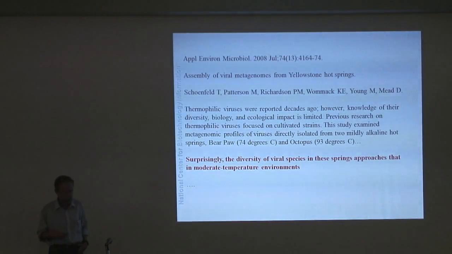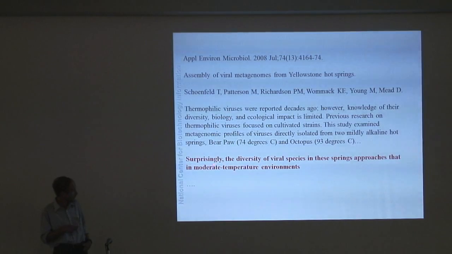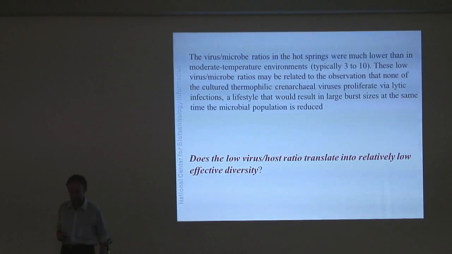In particular, in this study that was done in Yellowstone Park, hot springs in Montana, it seemed at first glance that the diversity of viral species in the hot springs approached that in moderate temperature environments. However, at the same time, the virus abundances in the hot springs were typically much lower than in moderate temperature environments.